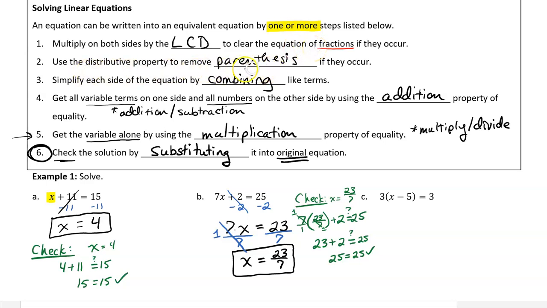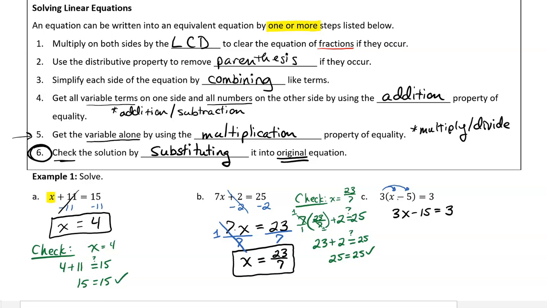I do have parentheses though, so I'm going to have to take that 3, this is the coefficient, and I'm going to multiply through everything inside of those parentheses. So then that gives me 3x minus 15 is equal to 3. Notice this 3 on the outside here. It's not part of the parentheses, so it doesn't get that multiplication. Just what's inside of those parentheses gets it.